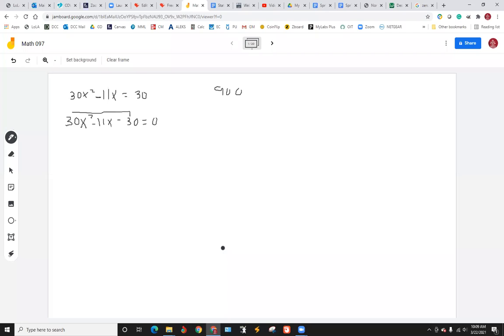Because we need numbers that multiply out to be 900, and they have to have a difference of 11. And just remember, if you don't get it, you can just keep on going down and get the ones you need. See, this is 5 times 5. Once you get to a prime number, you're done. And then these are going to keep on going to 2 and 3.